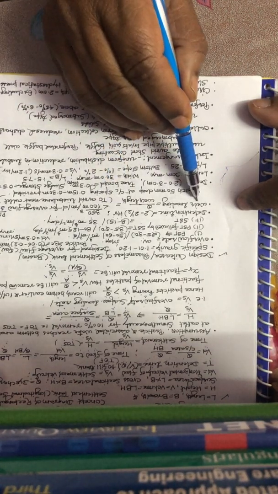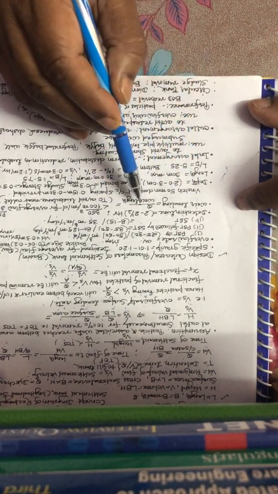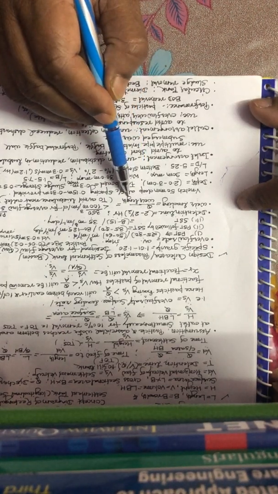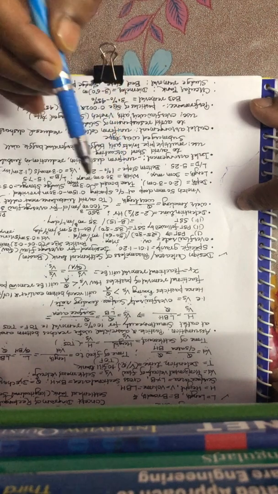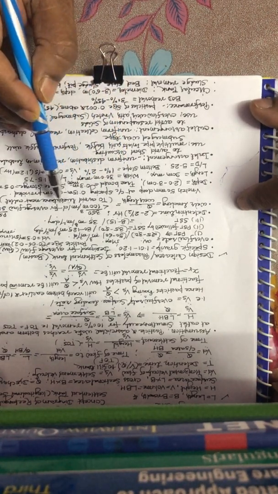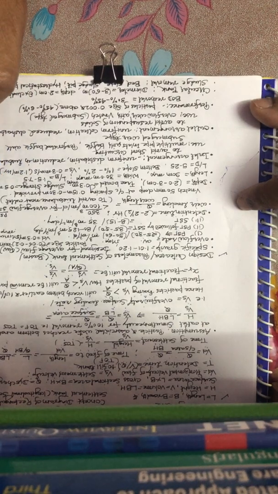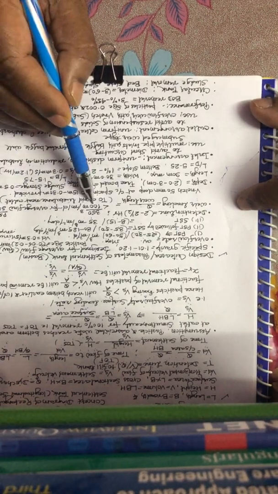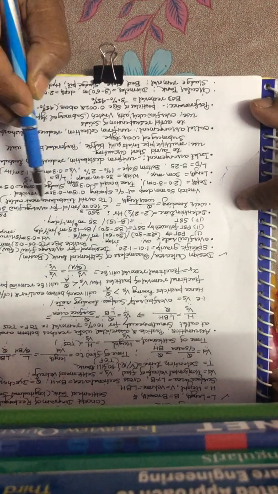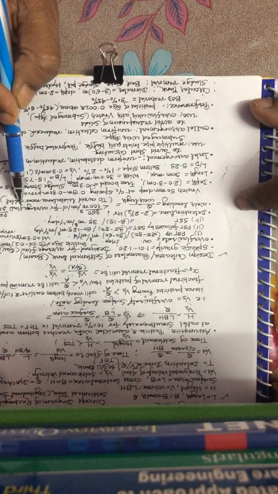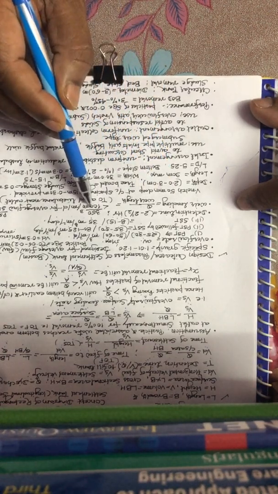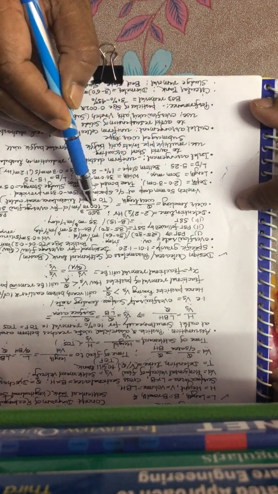The weir loading is the total discharge upon total length of weir, and it is 360 meter cube per meter per day for primary settlement tank at average flow, and 100 meter cube per meter per day for secondary settlement tank for average flow. It should not exceed. If the weir loading rate exceeds these values, then what will happen?